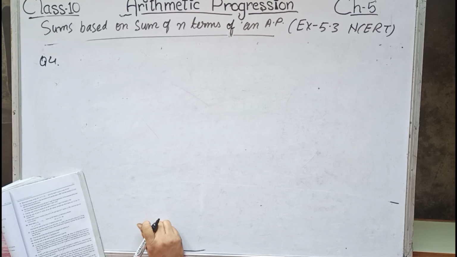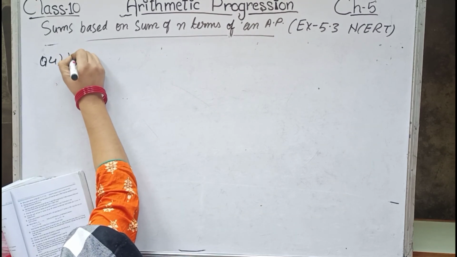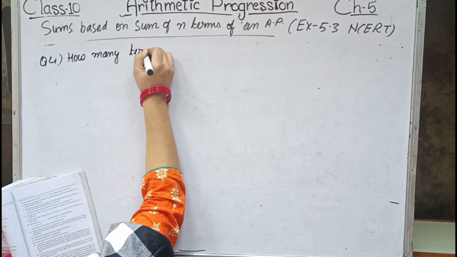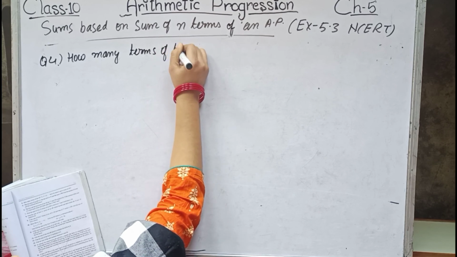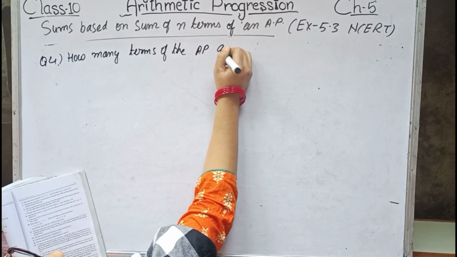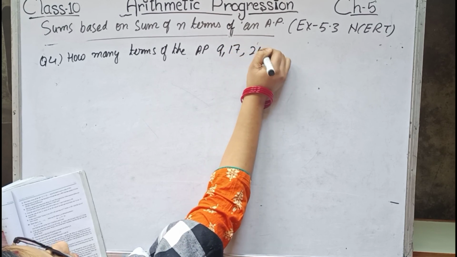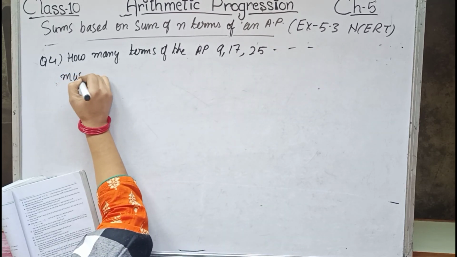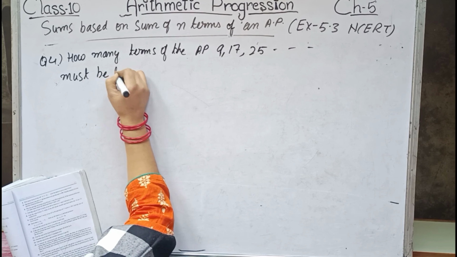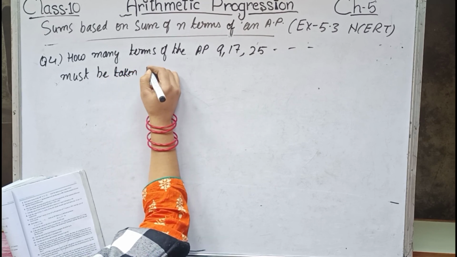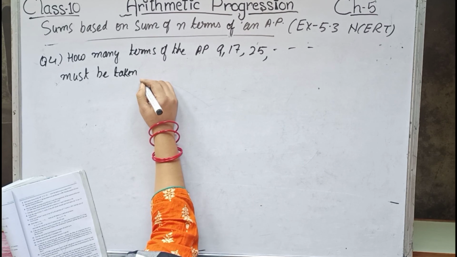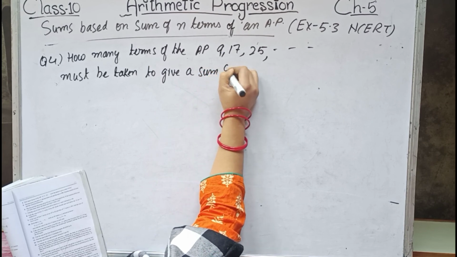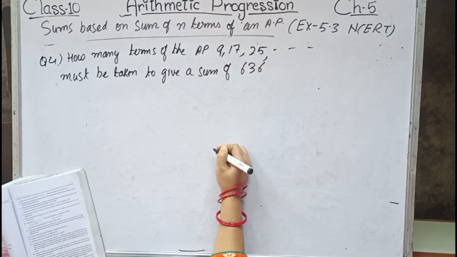Now question number 4. How many terms of the AP 9, 17, 25 must be taken to give a sum of 636?